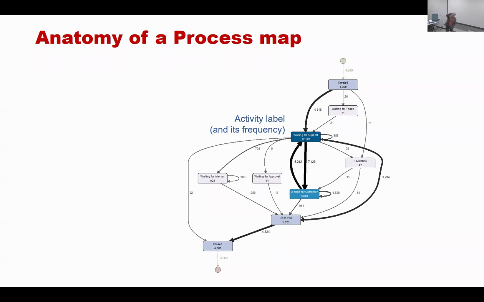So every label that you saw in the event log, for example emergency room registration, emergency room triage, leukocytes treatment, every one of those labels will become a box in the process map. And an arc in a process map is a directly follows relation, or we call it a flow relation.